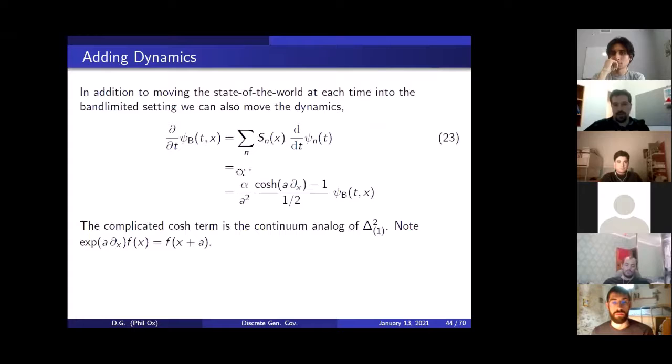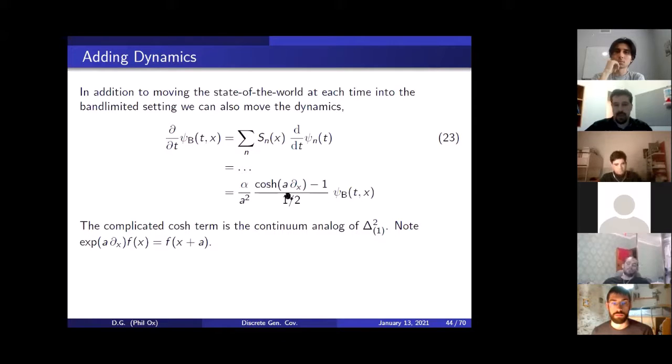And do some work, which I've hidden here. And you find out that this psi b does evolve by a nice differential equation, or nice in quotes maybe. It evolves by this differential equation here with this nasty cosh of a derivative thing. And the complicated cosh term is the continuum, or I should say band limited, analog of this nearest neighbor derivative.